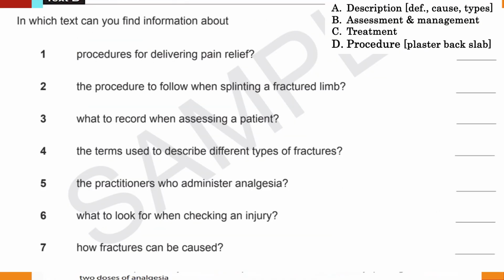For question number 4, the hedging words are the terms used to describe different types of fractures.